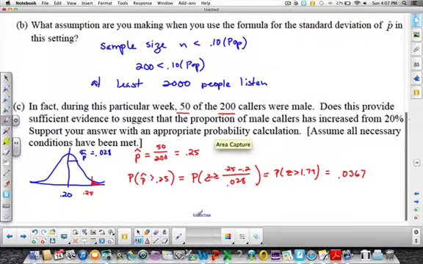But now we have to interpret this. This means that there's only a 3% chance I would get the sample that I did if in fact only 20% of the listeners were male. That's not very likely to happen, so it appears that there is sufficient evidence to conclude that the proportion of male listeners has in fact changed.